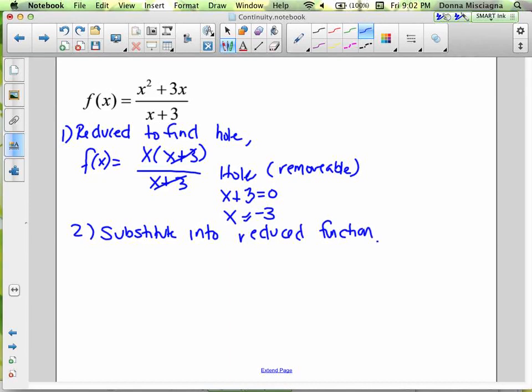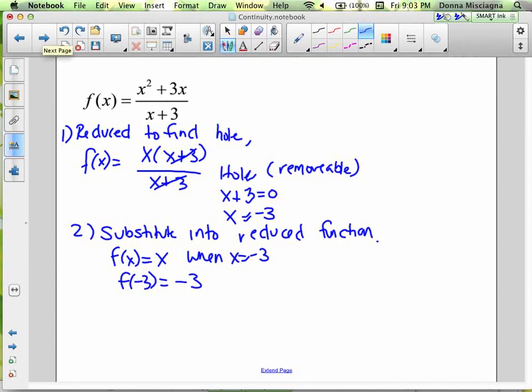Right, so our reduced function is just x. Right, so if we plug in negative 3, actually I'll just make it as a function. I'll keep the f. I'm sorry. First I want to write f of x equals x, and so f of negative 3 equals negative 3, and there you go.